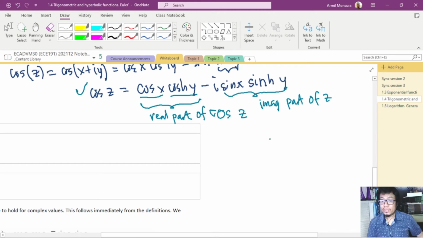But take note, still, the product of trigonometric sine x times hyperbolic sine y is a real number. The product is a real number because x is a real number, sine x is a real number, y is a real number, therefore hyperbolic sine y is a real number, and their product would still be a real number.